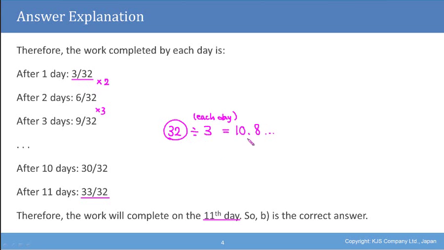So that is more than 10, but less than 11. So that means for the whole work to be completed, it would take 11 days in total. So, after all, B is the correct answer.